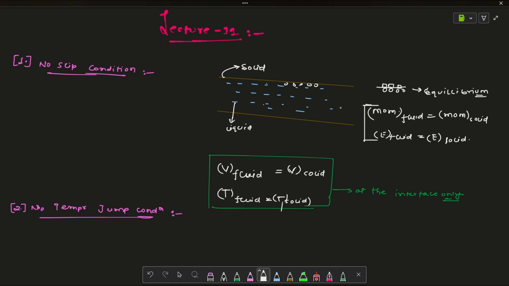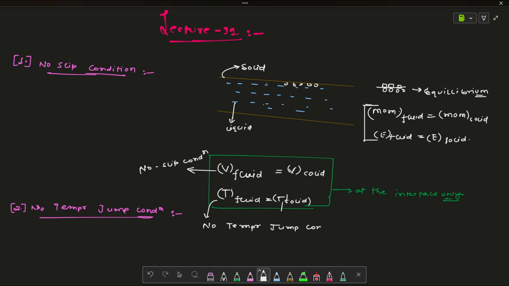In this first equation, the velocity of the fluid is equal to the velocity of the solid. This is known as the no slip condition. From the word itself we can say that the fluid is not slipping over the solid. It is just getting attached to the solid. And temperature of fluid equal to temperature of solid is known as the no temperature jump condition.